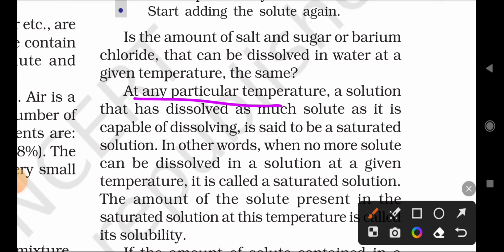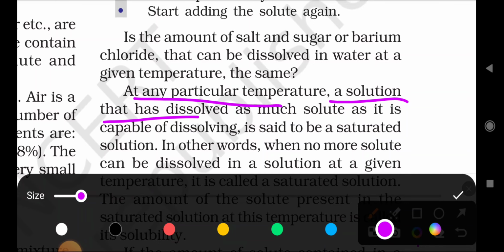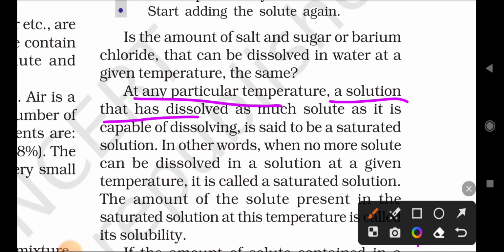Important definitions. What is a saturated solution? You can write the answer from this paragraph.